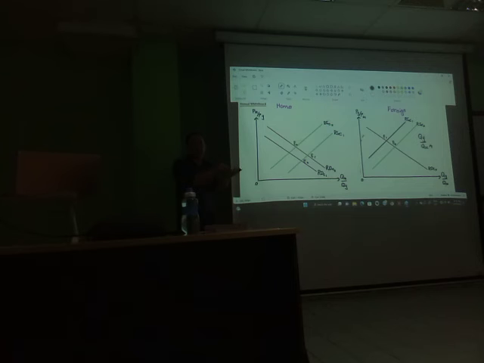Let's see here. This is our initial relative price of X to Y. This is the original one. And we want to find the final relative price after this trade war. We can consider this one as a trade war.